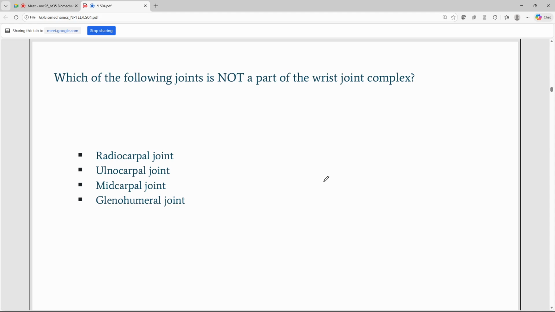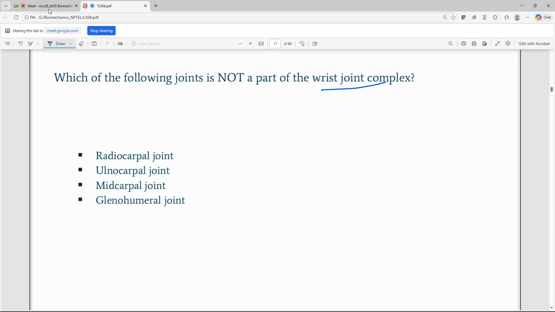Next question. Which of the following joints is not a part of the wrist joint complex? We have seen there are different joints in the portion where these bones join the carpals. An easy one.